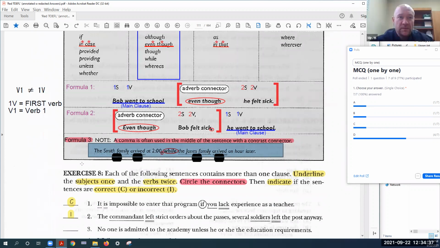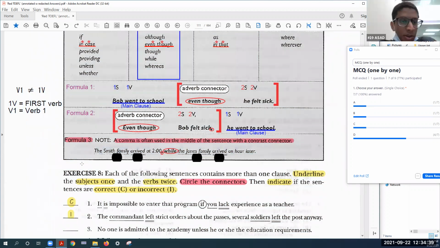Can you explain? The Smith family, the first subject. Good. And arrived, the first verb. Excellent. Jones is the second subject. Wait. Don't forget this. This is very important in this formula. That's the connector, the contrast connector.